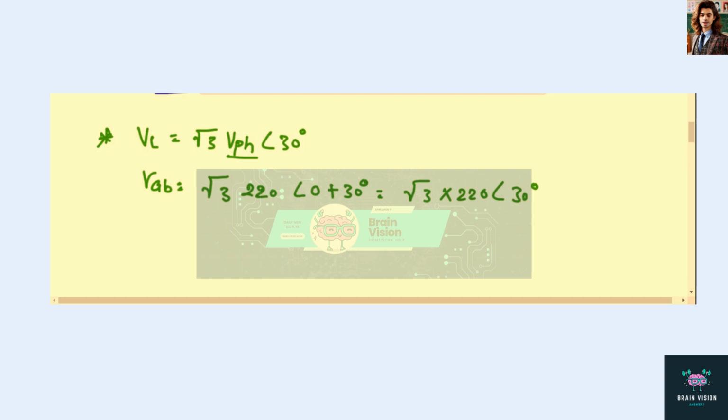The final value becomes 381 angle 30 degrees volts. So this is the first line voltage, which is VAB.